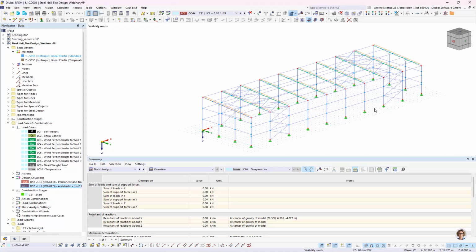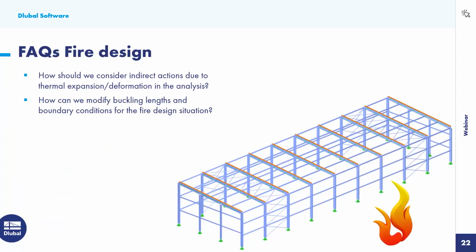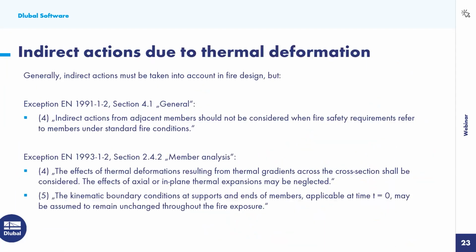So I could do all of this. I am actually not sure in which cases I would do so, because the Eurocode also has a paragraph on how to take the boundary conditions into account in the fire design situation.